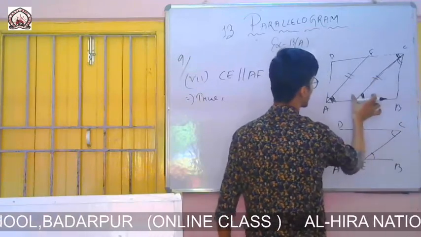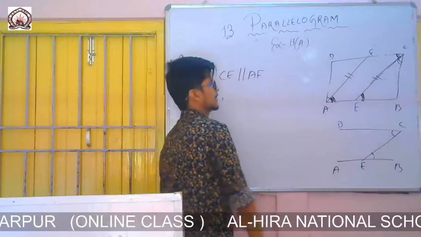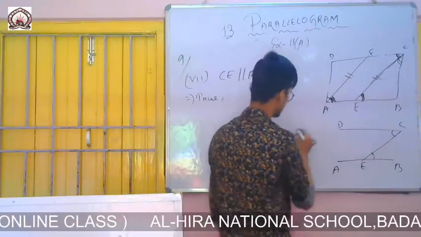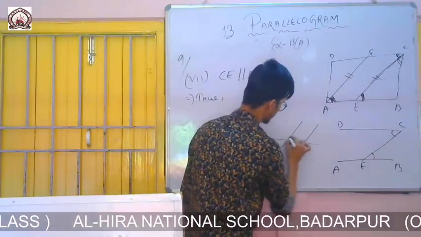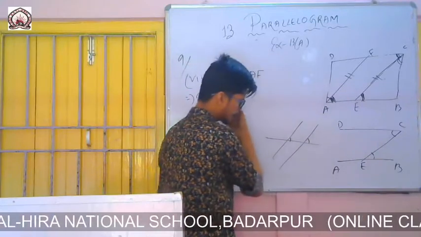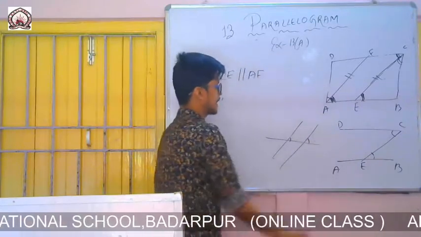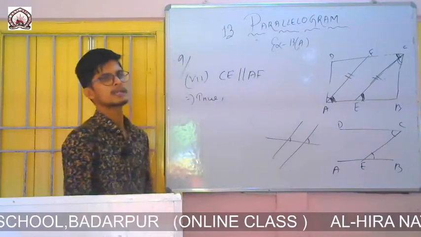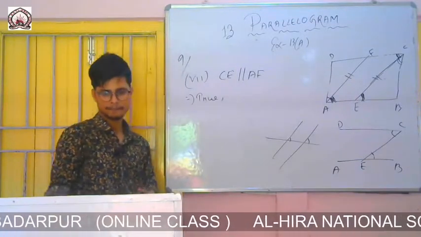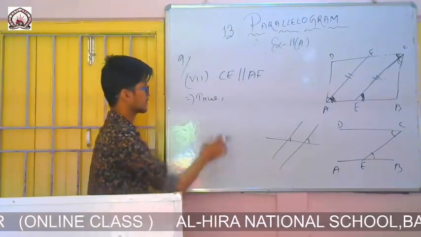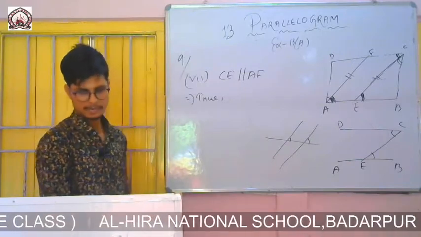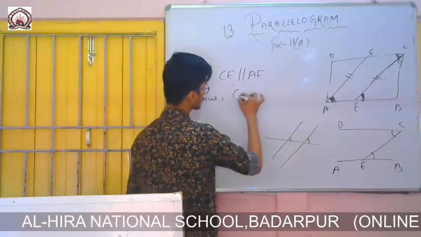These two angles are equal, we have shown just now. And if two lines are passing like this and these two angles are equal, that means these are corresponding angles, and if corresponding angles are equal, then we say that the lines are parallel. So the answer will be it is true, and the reason will be corresponding angles.